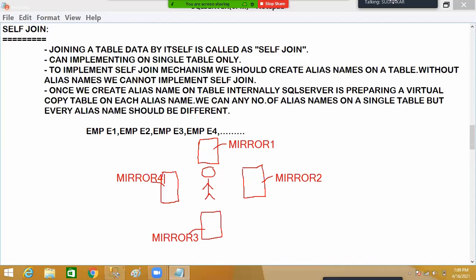Then what happens, guys? This physical body is reflected how many times? 4 times.